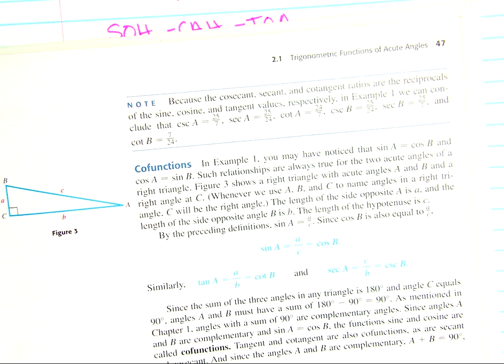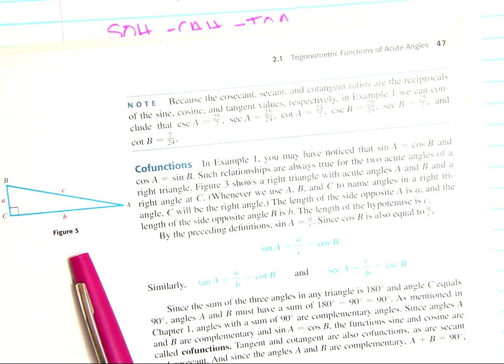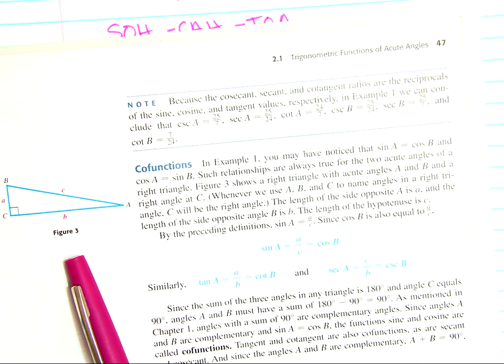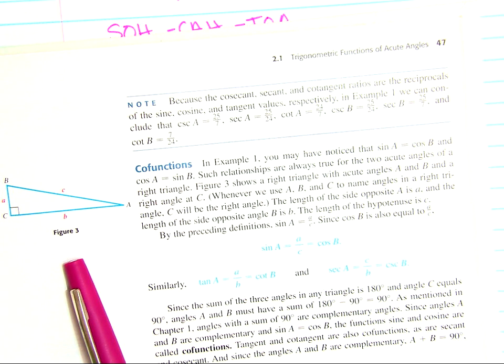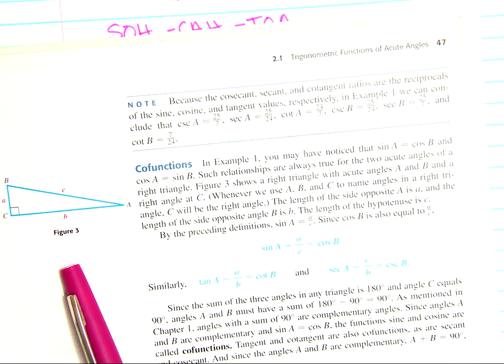If we have a 90, then clearly those two both have to be acute. Figure 3 shows a right triangle with the acute angles A and B, and right angle C. Whenever we use A, B, and C to name angles in a right triangle, C will be the right angle. That's good for you to know. C will always be labeled the right angle.